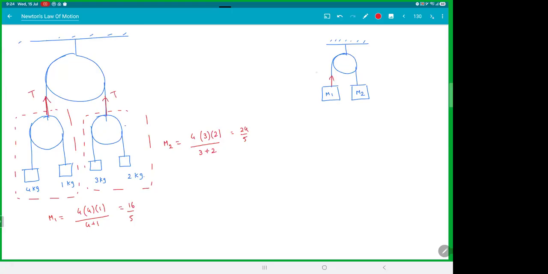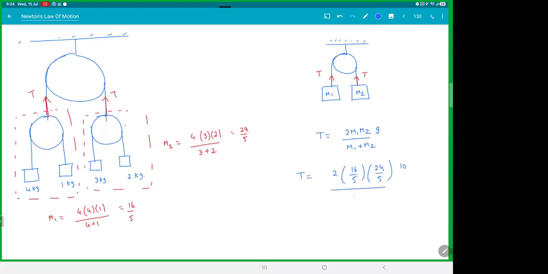That would be the tension in an Atwood machine. So we get tension T, which will be again 2M1M2 over M1 plus M2 times g. Remember those Atwood machine formulas; they'll be useful. You can keep using that formula repeatedly. So the tension in that string will be 2 into 16 by 5 into 24 by 5, g, I'll leave it as g for now, you can convert it to 10, big deal.